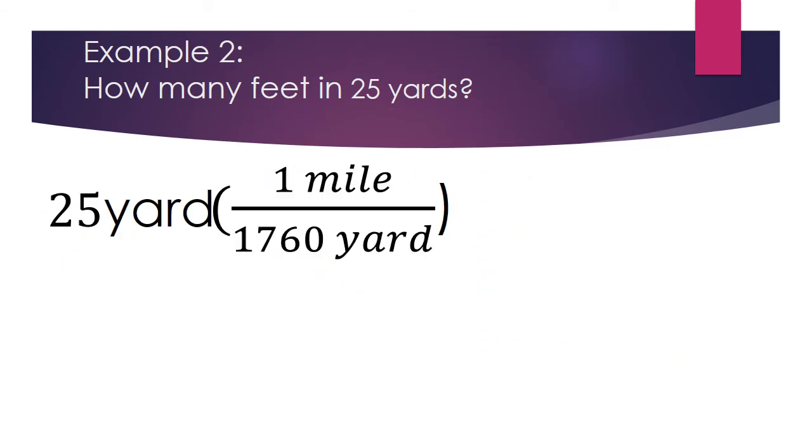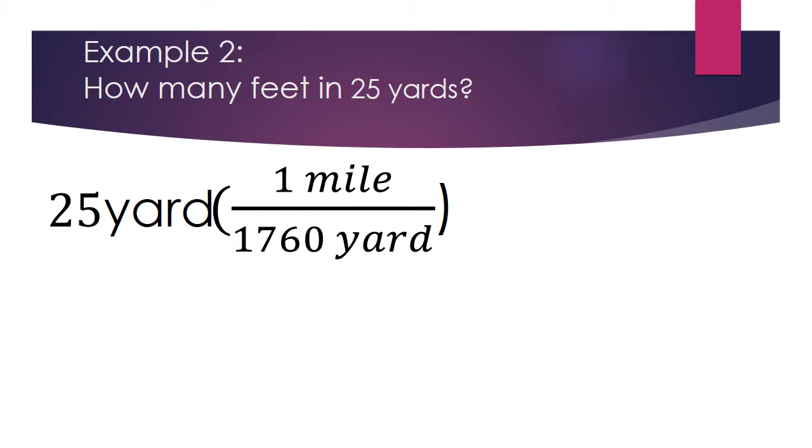So I'm going to use this piece of information to write down my conversion ratio. What I'm going to do is write down the ratio and make sure that the bottom of the ratio, or the denominator, includes the yard unit, because that's the unit that I'm trying to get rid of. So I'm going to put 1,760 yards at the denominator of the ratio, and I'm going to put 1 mile at the top of the ratio. Now, this ratio is going to help me cancel the yard units and leave me with a mile unit.